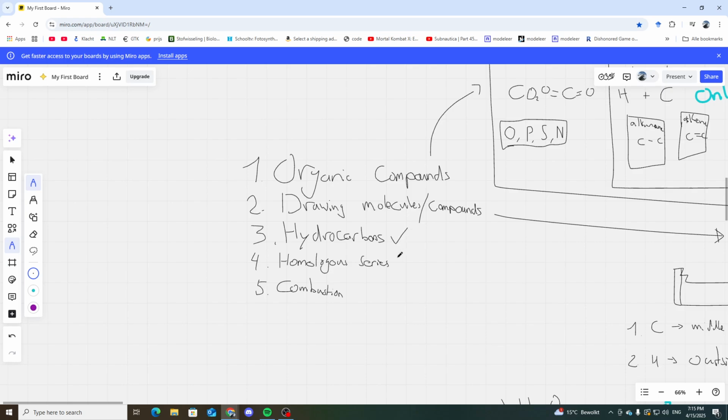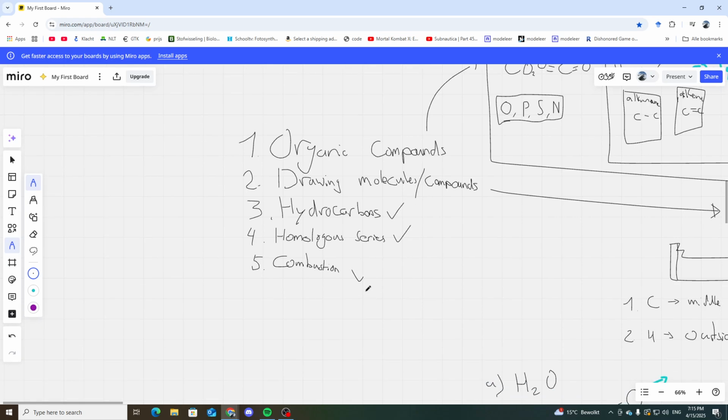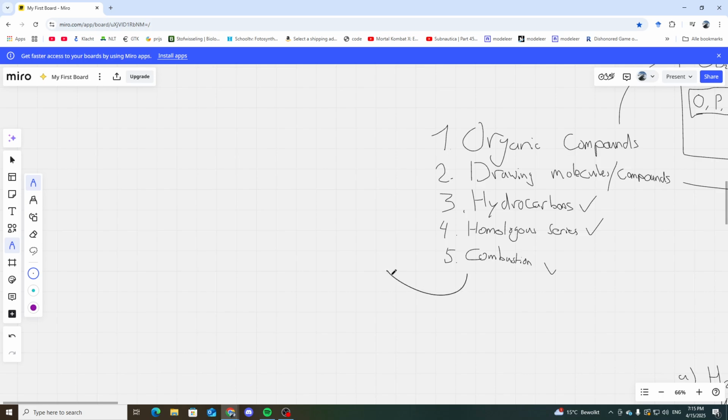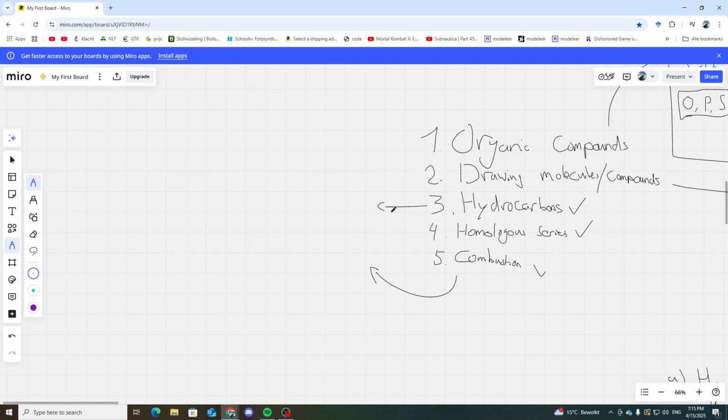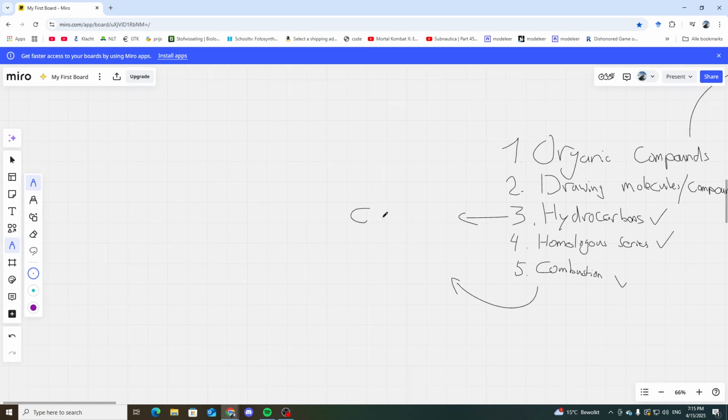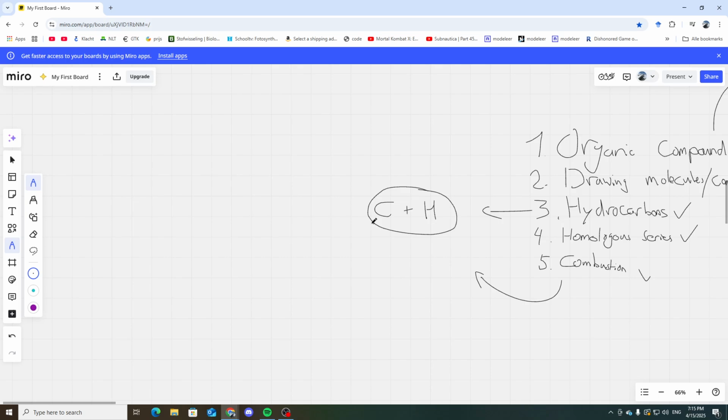So then we did hydrocarbons, we did homologous series. Combustion is the last thing that we need to cover. So for our hydrocarbons, if we remember, they can only have C and H, and that's it. And molecules that only have C's and H's are actually also our fossil fuels that we burn for energy.